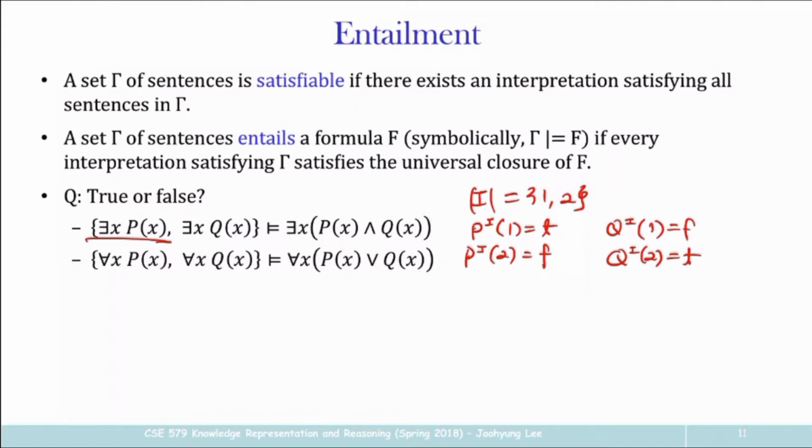For entailment to hold, this same interpretation should satisfy the one on the right-hand side. Is it? It turns out to be wrong. There is no common element that belongs to both P and Q. So this is actually not entailed. Checking that it's not entailed is easy if you can find one interpretation that satisfies the left-hand side but not the right-hand side.